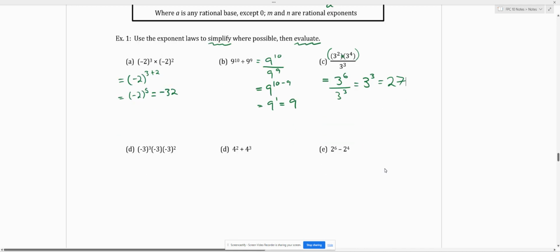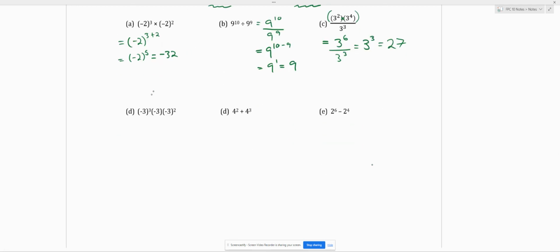Let's do D. Almost done. Write the little 1 here that's missing. Just remember, if there's nothing there, there is an exponent of 1. And now this is pretty straightforward. It's just 3 -3's being multiplied, then another one, and then 2 more. So we're just going to add these exponents. So -3 to the 3 plus 1 plus 2, which is equal to -3 to the 6.